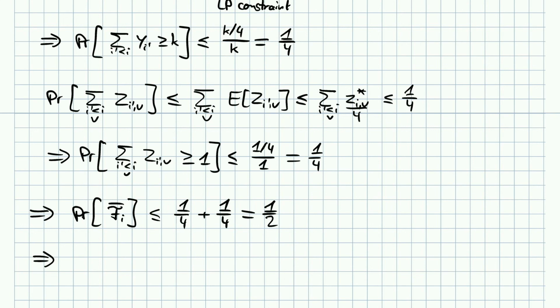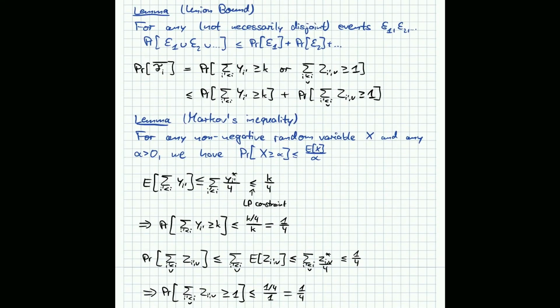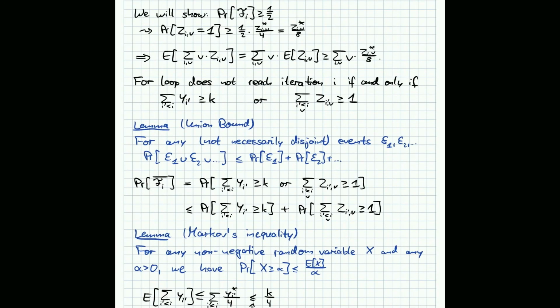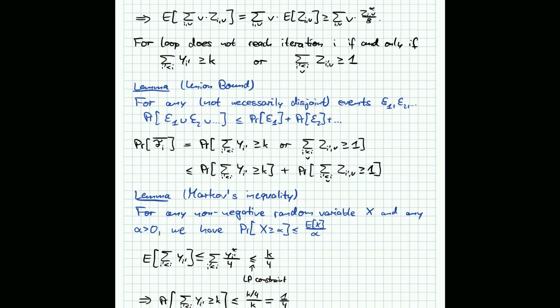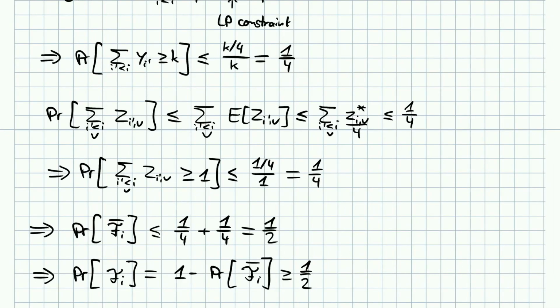And this means that the probability that F_i is taking place is of course 1 minus the probability that F_i bar is taking place. This will be at least a half, and this is exactly what we claimed. We namely claimed that the probability that the for loop reaches iteration i is at least a half. And this now concludes our proof.